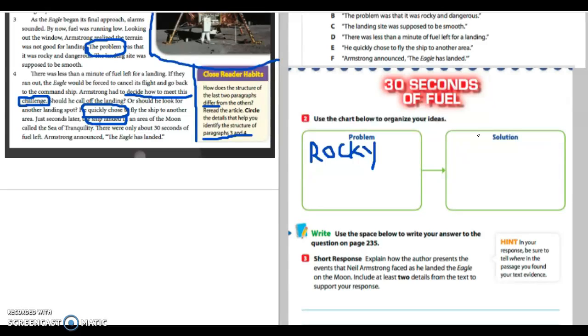So what you should do now is put the solution in the solution box.